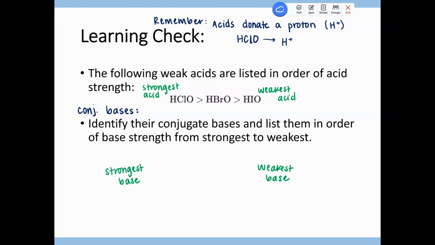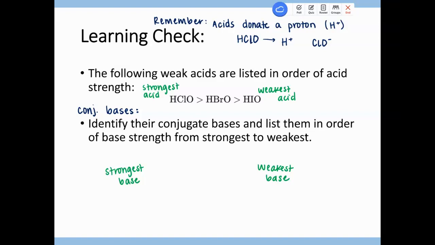Then what's left? Well, if it lost an H+, then we still have ClO-. It separates into H+ and ClO-. The H+ will be picked up by whatever base is present, and then the ClO- is the conjugate base.